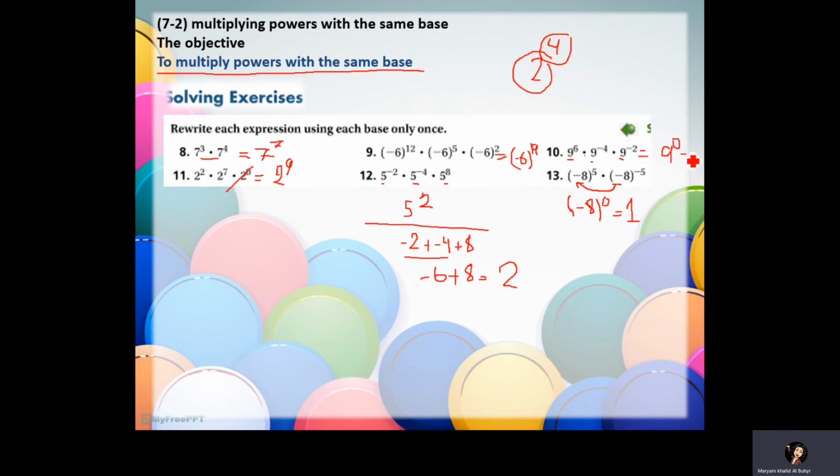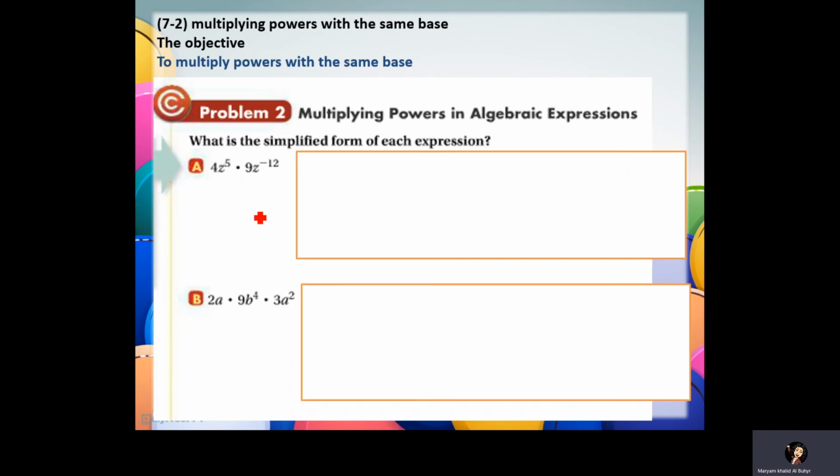So again, it will be 1. So this is 9 to the power 0, so it will be 1. So we finished the basic thing. The basic idea here: if we are multiplying powers with the same base, I'm going to add the powers.